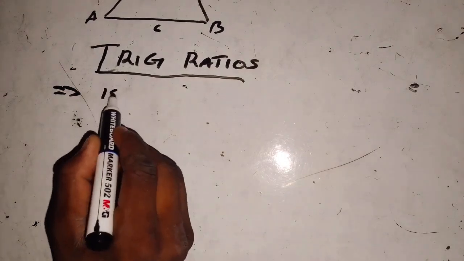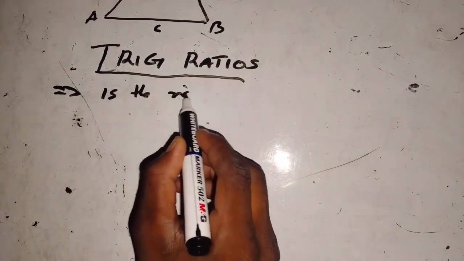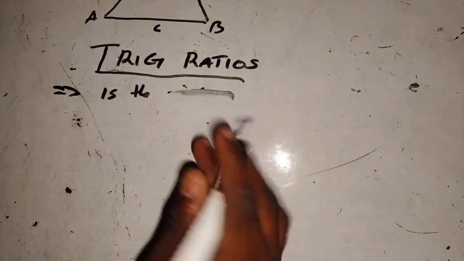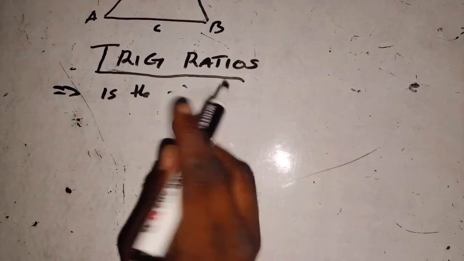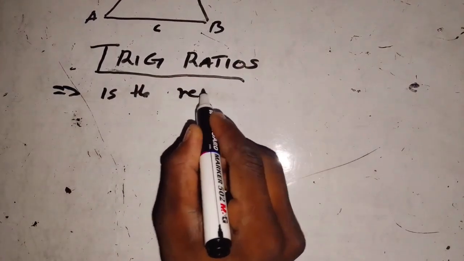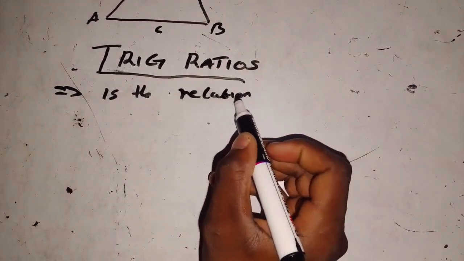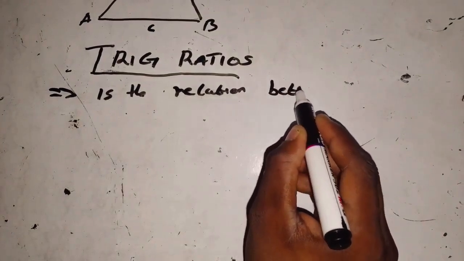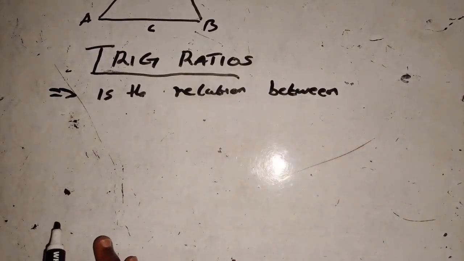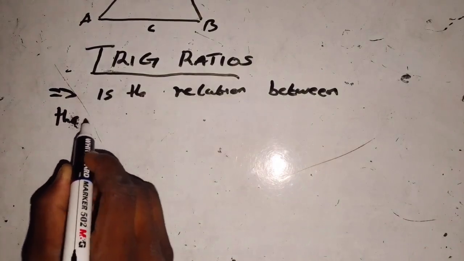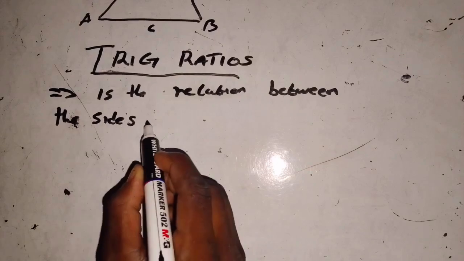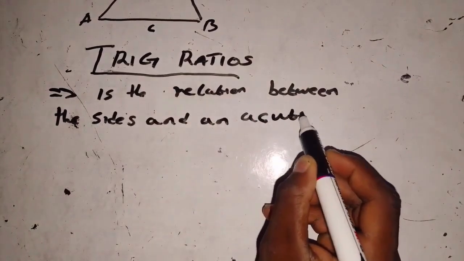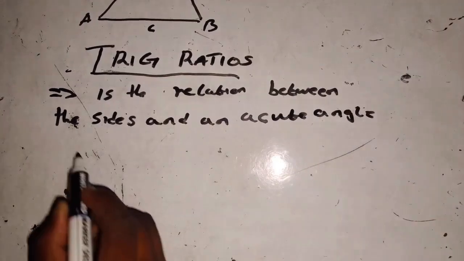Trig ratios is the relation between the sides and an acute angle of a triangle.